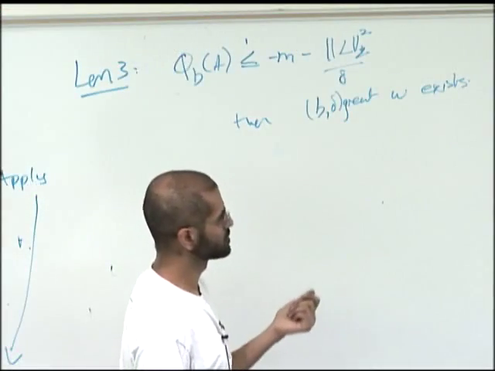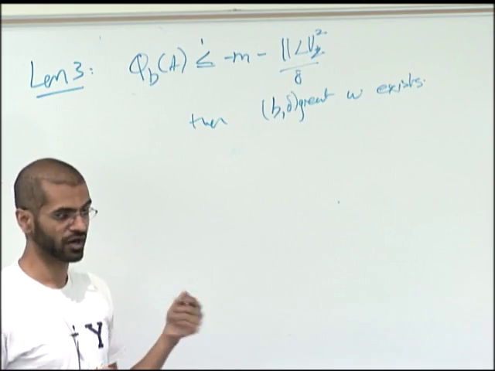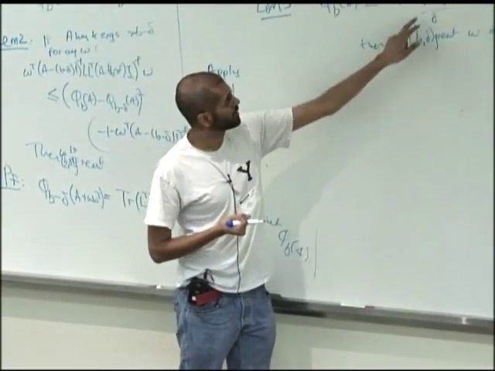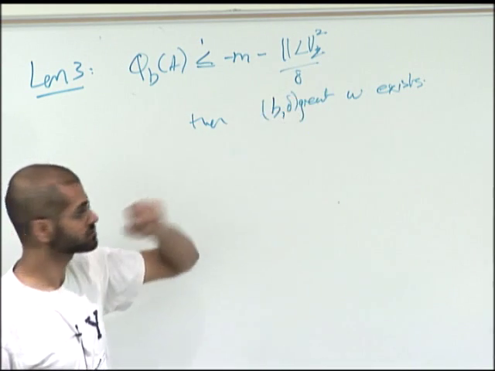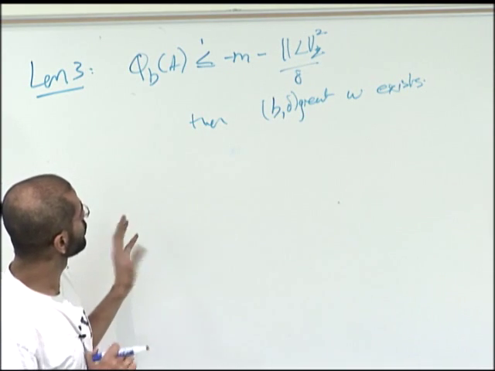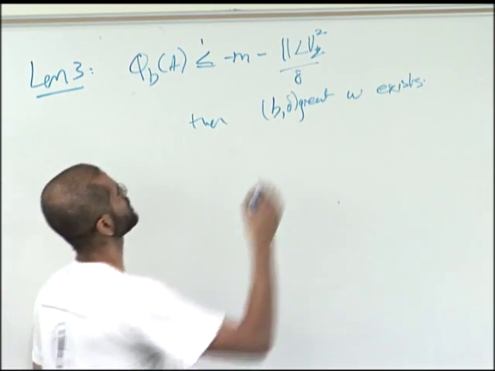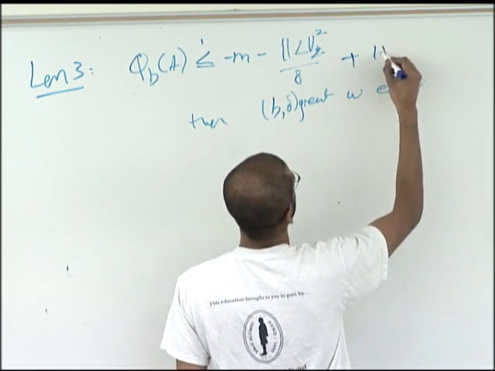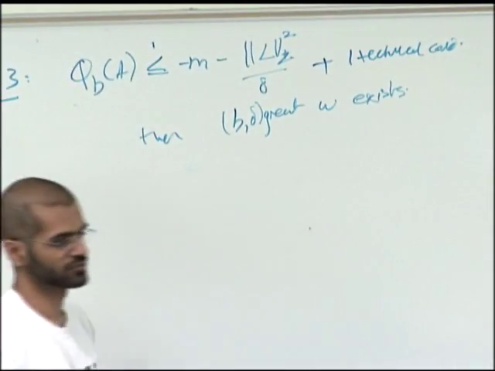Suppose delta is very small. It means I'm moving back very, very slowly. That should be harder. Well, this quantity becomes more negative as delta becomes small. I'm not going to go into the details of this. Actually, the lemma has one technical condition, which is also satisfied, which I won't discuss.